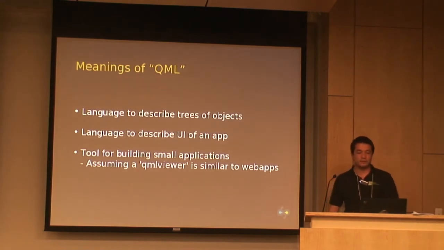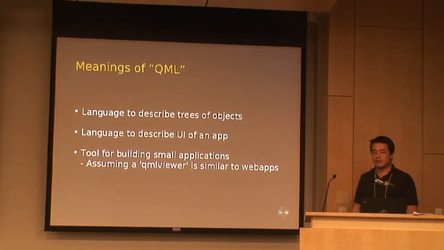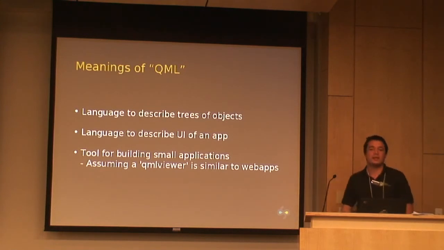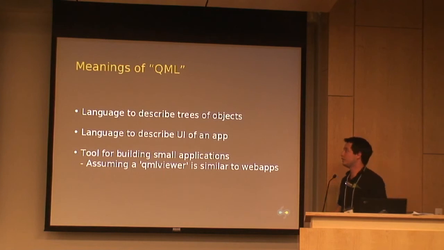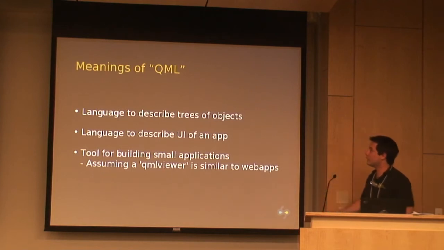One last point, well, not the last, but there are many meanings for the words QML, and I think that you can understand the difference between them, and when someone blogs about it, you can sort of understand what's going on. The first is the simple idea that it's a language to describe trees of objects.